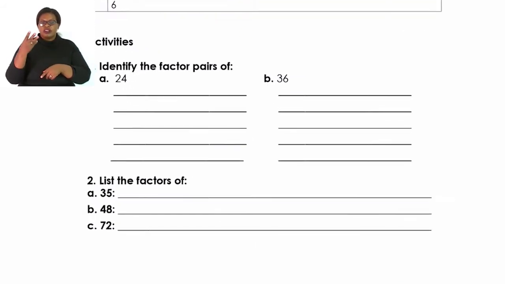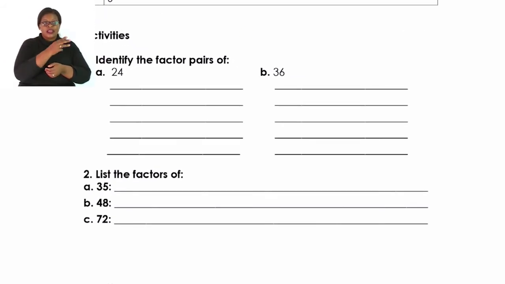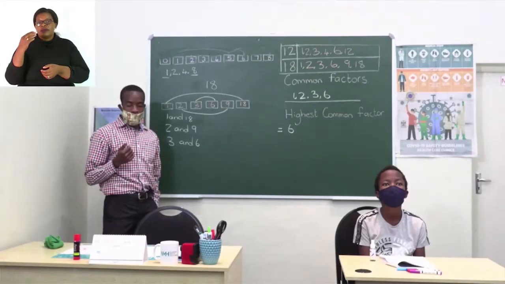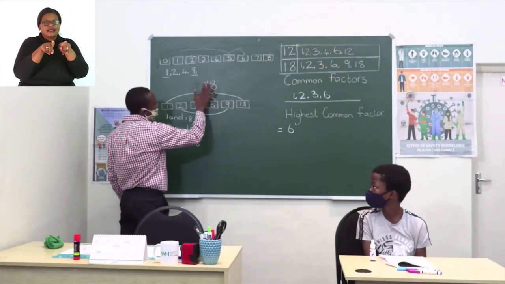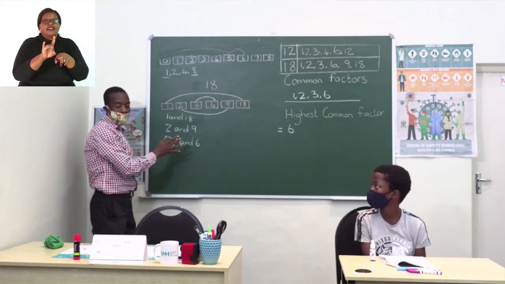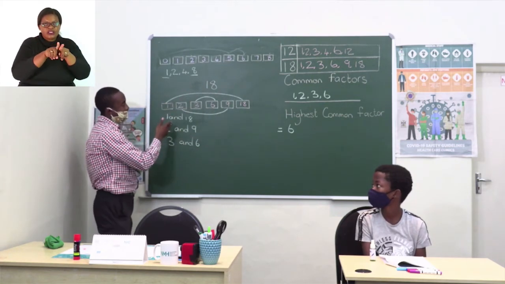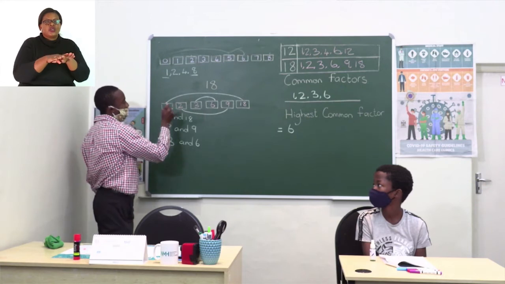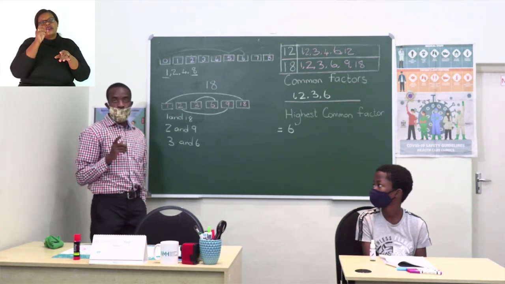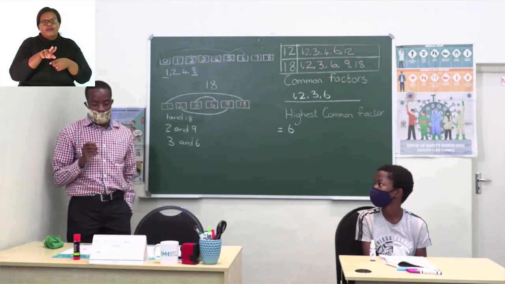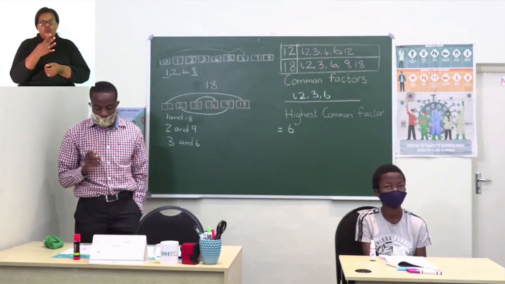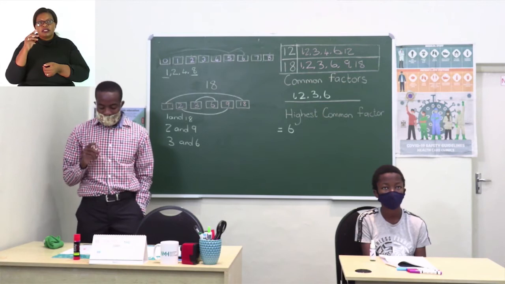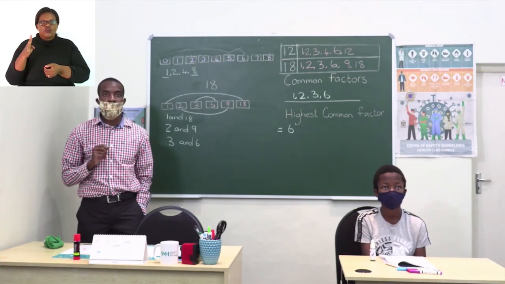Now, if you look on the chalkboard, what you will notice is exactly this work that we did. Like how we discovered the factor pairs of 18. Now what you need to do is to discover the factor pairs of A, 24, and B, 36.